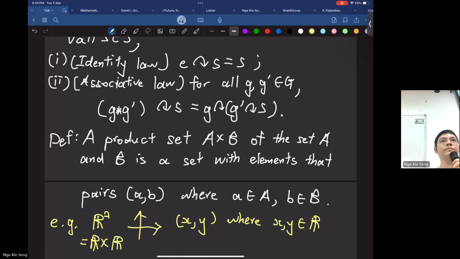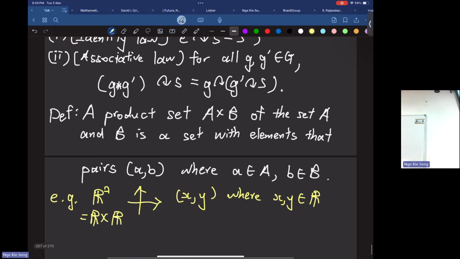So this product set is just taking one element from the first set, taking another element from the second set, and then you form a double of elements. And then you can do it for a product set of n sets, like Rn, right? For example, R3, R4, R5, R6, Rn. R infinity also you can do. So it is n-tuples.